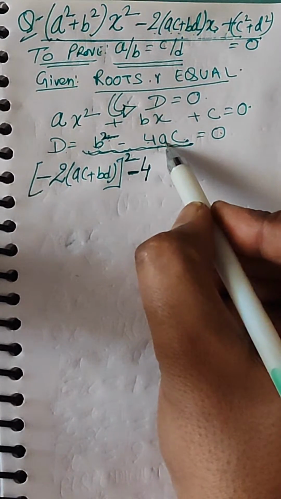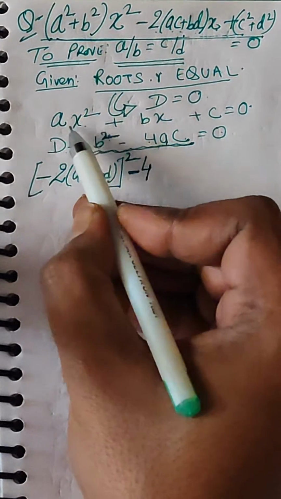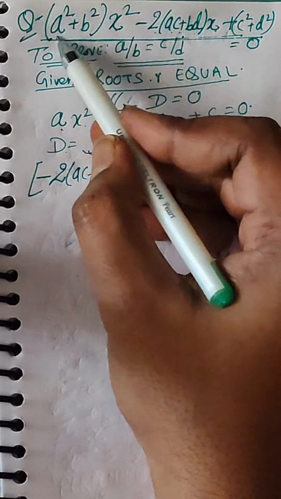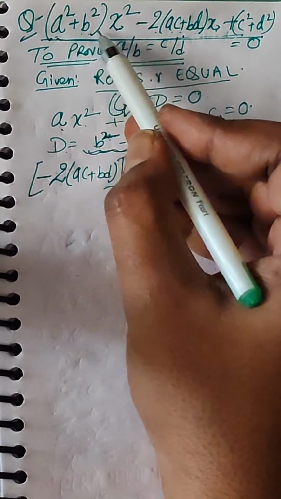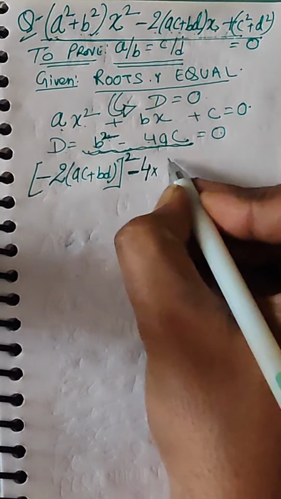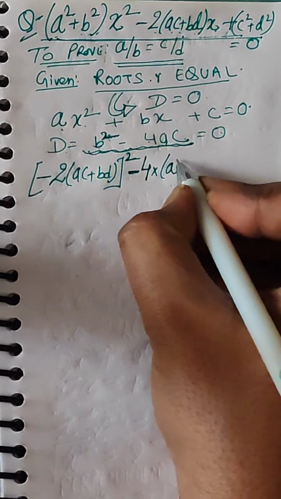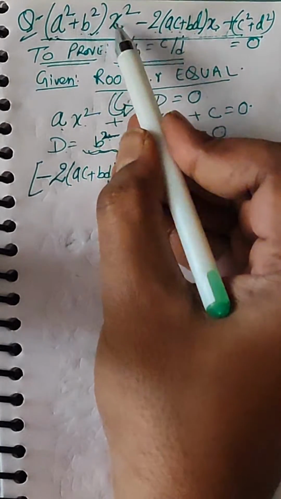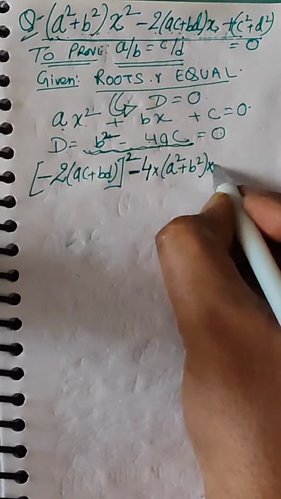What is the value of a? The coefficient of x square. And what is the coefficient of x square here? Basically it's a square plus b square. So just multiply it with the coefficient of x square, that is a square plus b square. You can just see the above equation. Multiplied with c.